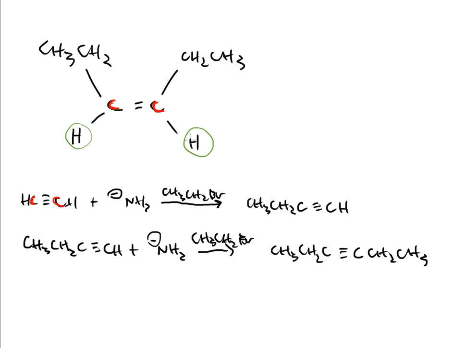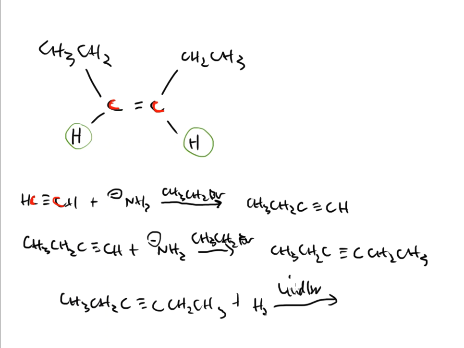So those hydrogens need to go on the same side, which means that at this point, I can take the alkyne that I have now from up above, and I can add H2 Lindlar to that, and that will destroy the triple bond to a double and ensure that the hydrogens go on to the same side of the molecule.